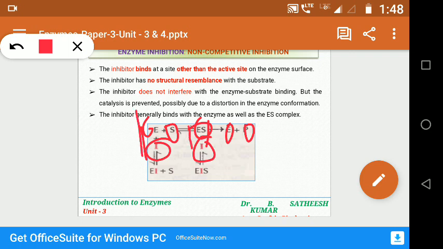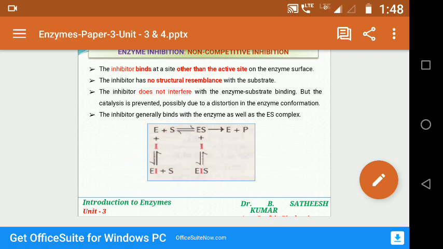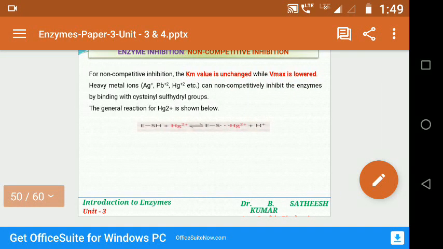If it binds to free enzyme it gives the EI complex, and if it binds to the ES complex it gives the ESI complex. In both cases the enzyme will be inhibited, whether the substrate is there or not. It doesn't compete, and it strictly binds its own site on the enzyme.